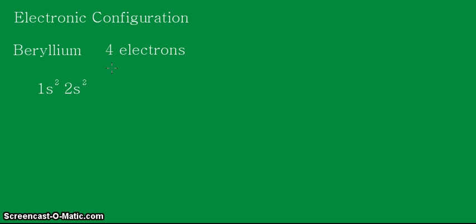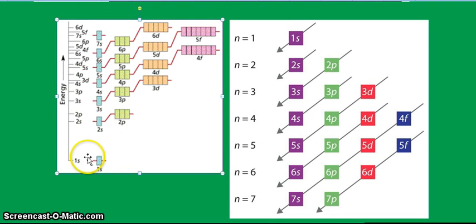Now earlier we mentioned valence electrons. Now this looks at the electrons in the outermost shell. So if we go back to our diagram earlier, we have used up 1s and 2s here. So the outermost electrons would of course be in the outer shell, which is the second shell. So the number of valence electrons for beryllium will only be 2.